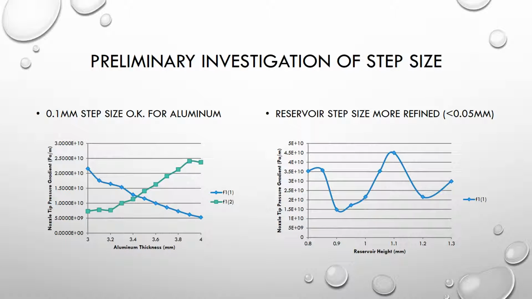From this I can see that a 1/10 of a millimeter step size works for aluminum. It looks like I'm capturing all of the details. However, in the reservoir height, the step size is 0.05 millimeters, and it still looks like it may not be enough. So I'm going to investigate that further before I go on to generate the surface response.